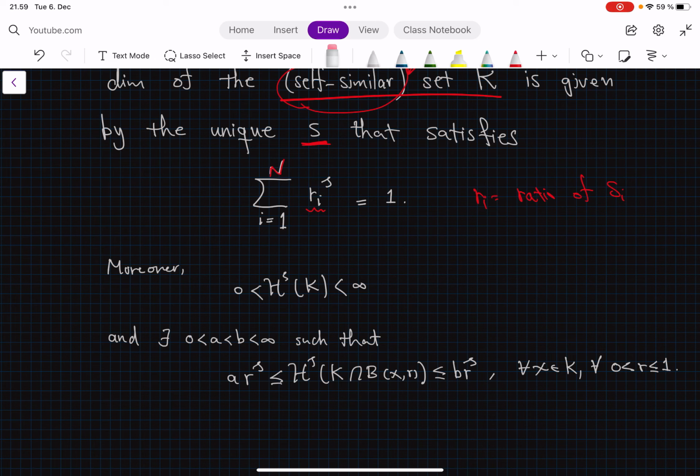So this is similar to Ahlfors regularity condition, except we have this condition on radii.